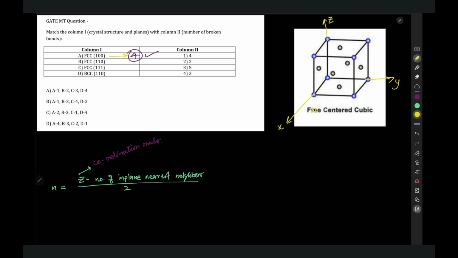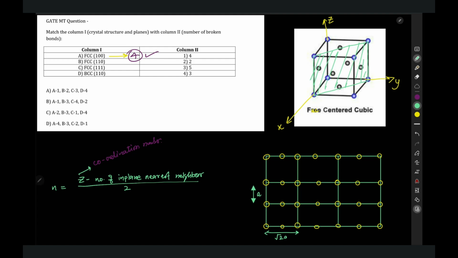Now we want to calculate the number of broken bonds for FCC for the 110 plane. Which will be the 110 plane? The 110 plane will be this one. We can separately draw the 110 plane like this. From the diagram we can see that this distance is root 2a by 2, root 2a by 2, whereas this distance is a, and this distance is also a.